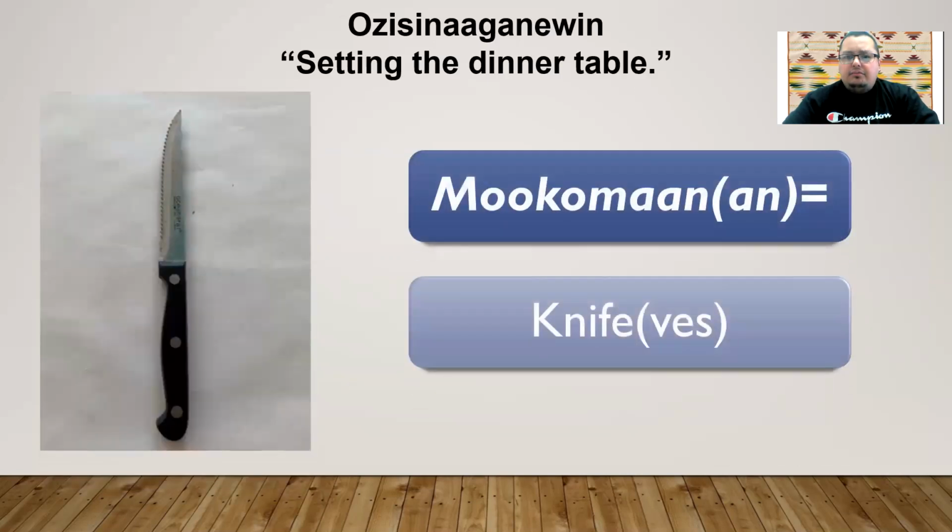Mookomaan, one knife. Mookomaanan, knives. Some people say knives. It's up to you how you do it.